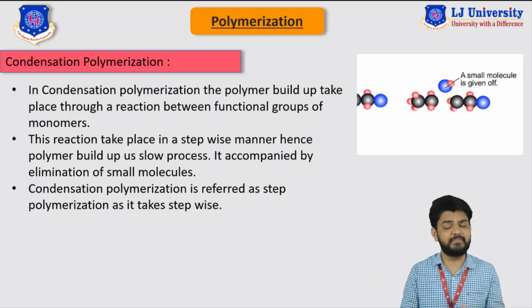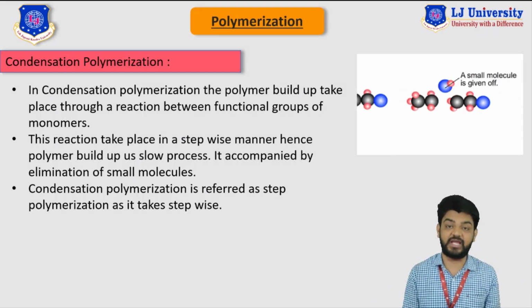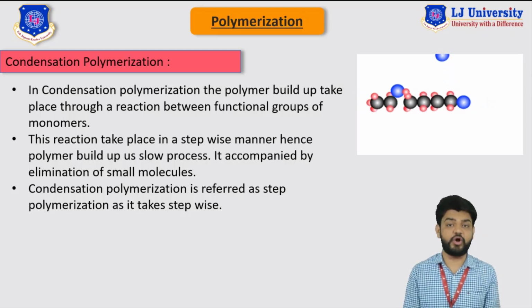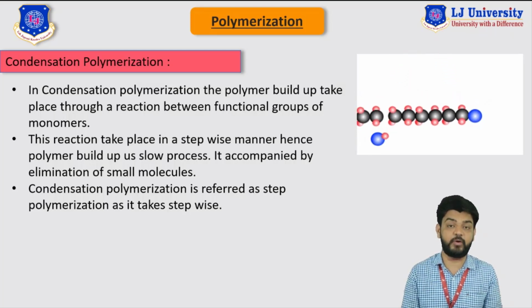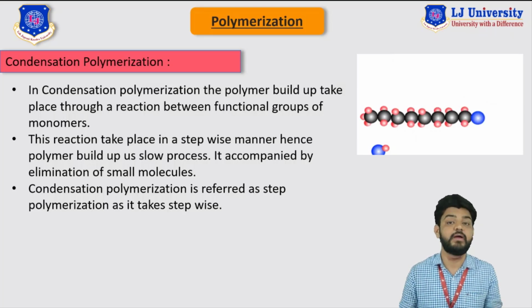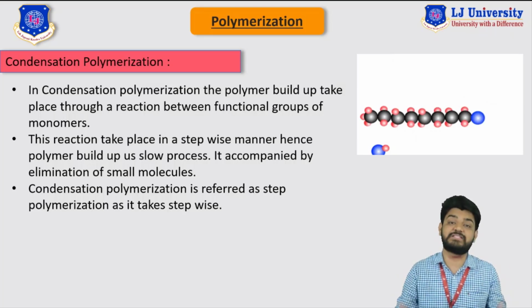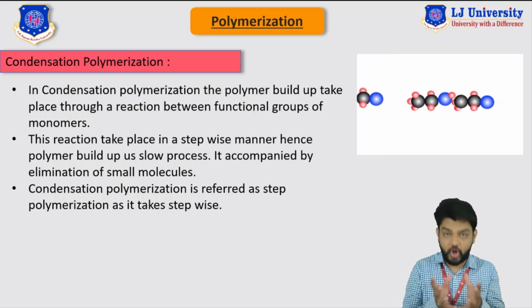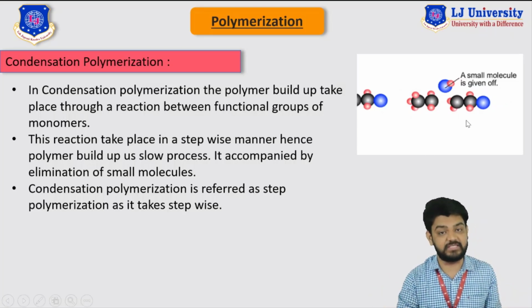So that is condensation polymerization, in which two monomers having functional groups of a different type or the same type condense together to form a long chain of polymer like this.